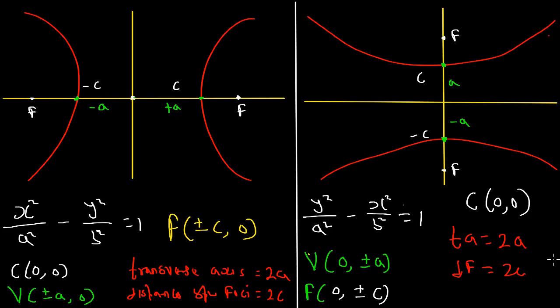The value of a, if it is horizontally oriented, will be along the x-axis, and the value of b will be along the y-axis. By the time we connect those points, a will be of 2 values, b will be of 2 values too. So by the time we connect them together, we can get a rectangle. This can help us to sketch the hyperbola because the arc of the hyperbola just touches the edge of the rectangle, and from there we can have our proper hyperbola.